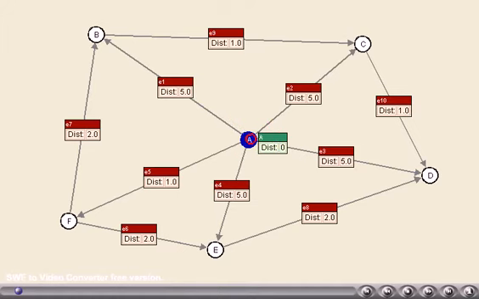And then all the adjacent nodes of A are taken into account. That is, the nodes which are not yet visited, or rather, not yet finalized, will be taken. And their distances from A are updated.